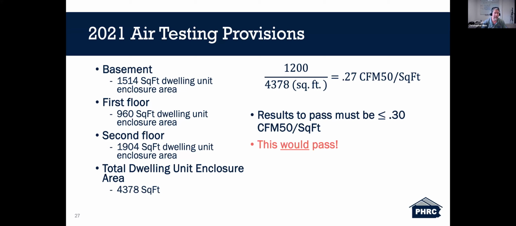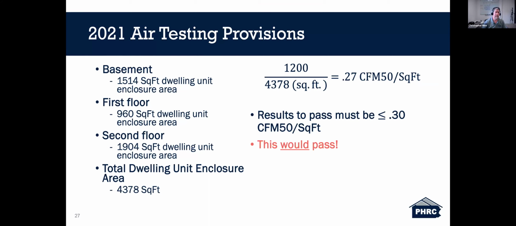The first floor, again, we are jumping around the garage, but we are including the common wall between the house and the garage, and we have 960 square foot of dwelling unit, and the second floor has 1,904 square foot of dwelling unit enclosure area.